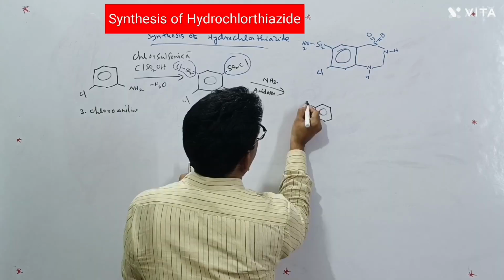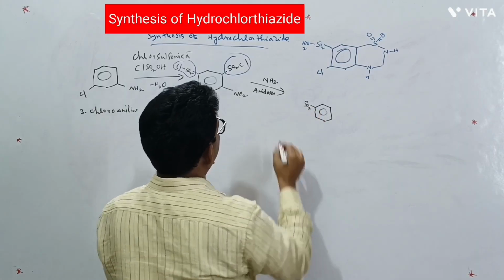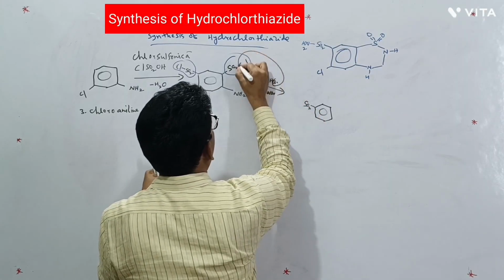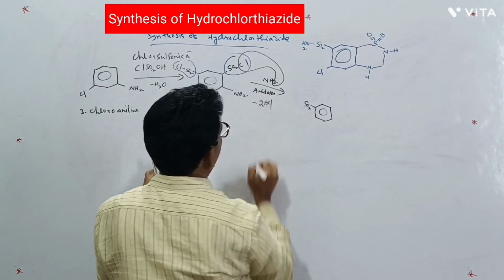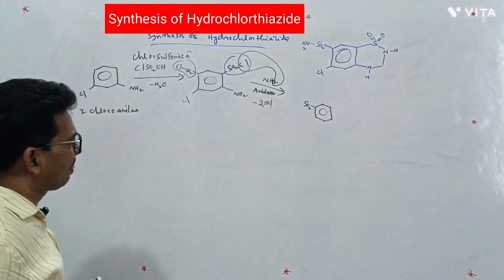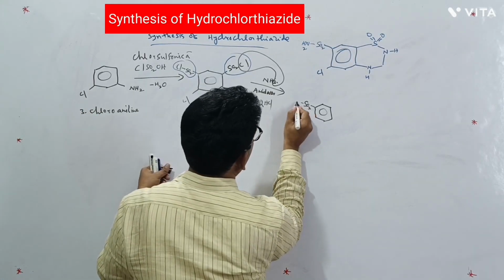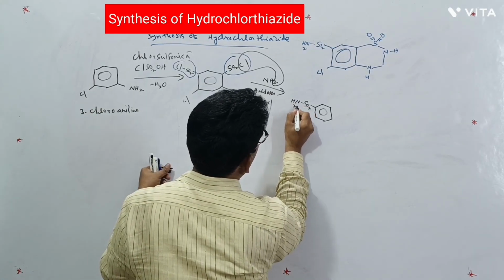What does it produce? See here SO2 is there. One of the hydrogens and one of the chlorines goes out in the form of 2 moles of hydrochloric acid. So what will remain here? SO2, then NH2.